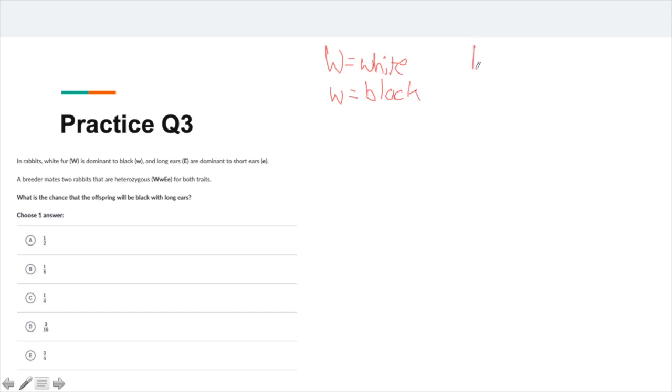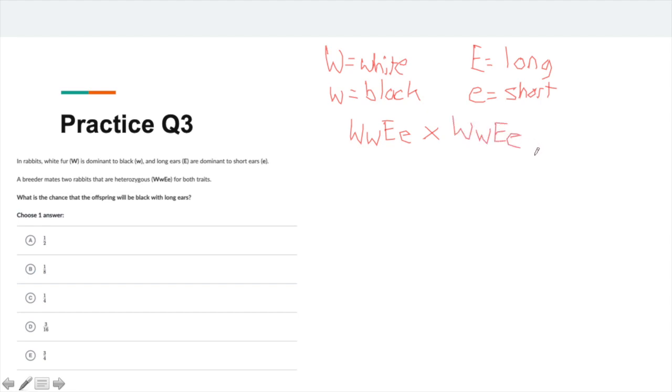And long ears, capital E, we'll just put long, are dominant to short ears, little e, and we'll just put short for that. So a breeder mates two rabbits that are heterozygous, and it shows the genotype there for both traits. So we're going to have two heterozygous parents crossing.